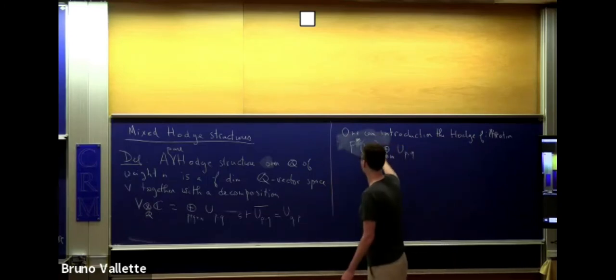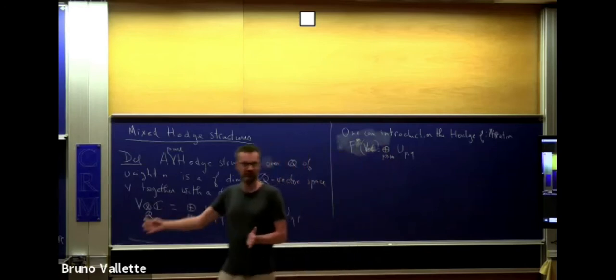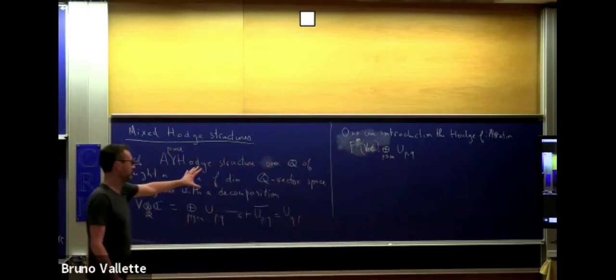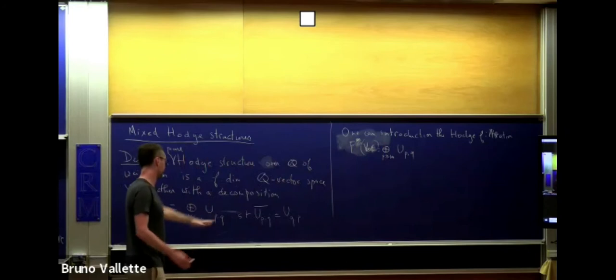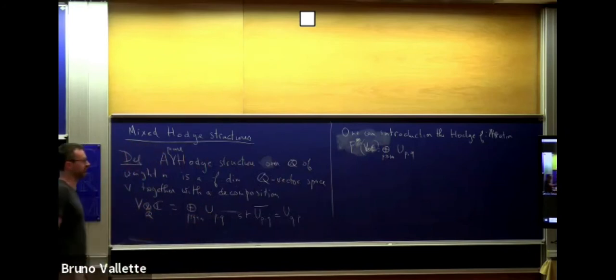So this is a decreasing filtration on V tensor C. And the data of this decreasing filtration is exactly the same data as this decomposition, because this decomposition is just the associated graded for this filtration.